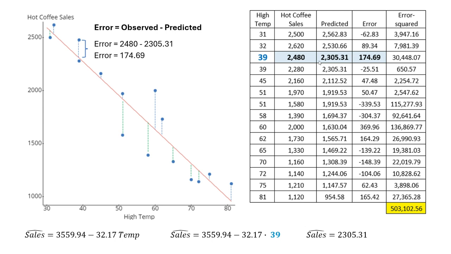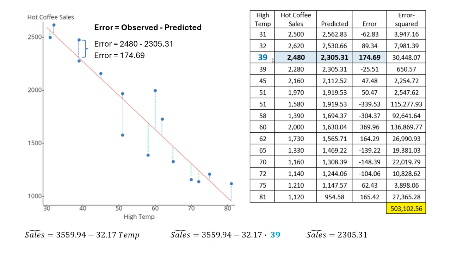And that is the error. That's what the model is trying to minimize. It's trying to minimize the error produced by the model, which is also the distance the dots are from the pink line here. Now, this was done for all 15 days in this table, which is what makes it look a little crazy.